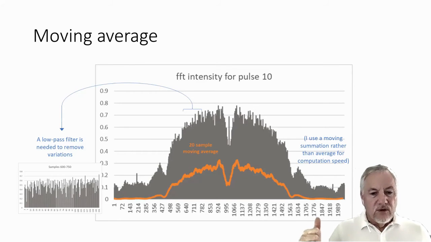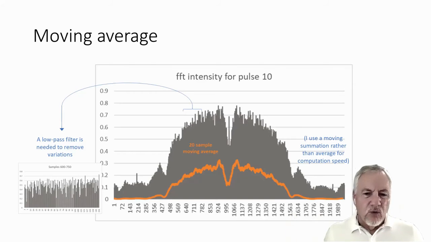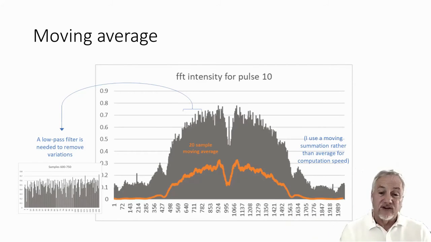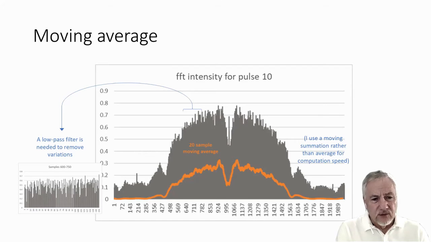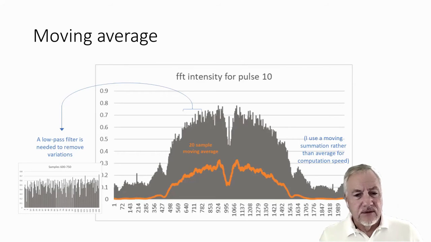So we're going to use the orange, except, if we're interested in doing less computing, why would we use the average where we have to do a division? So rather than using the average, which I'm showing here, we'll use a moving summation going forwards and backwards from the center point.